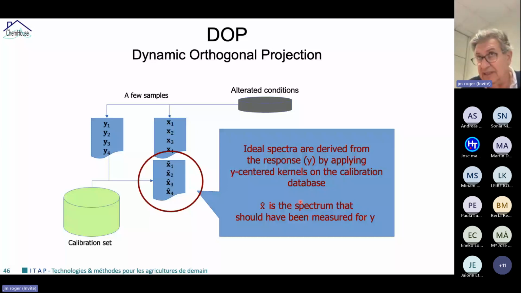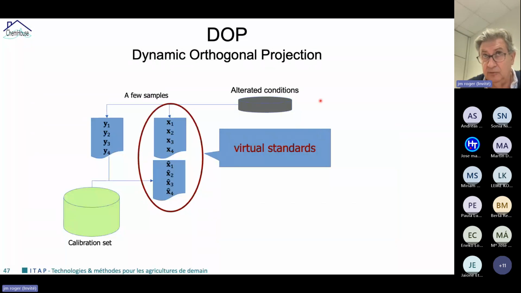Okay, we have these ideal spectra derived from the calibration database, and this X hat is in fact the spectra that should have been measured for each of the Y in the source domain conditions. So from that we are able to say that these pairs of spectra can be seen as virtual standards.